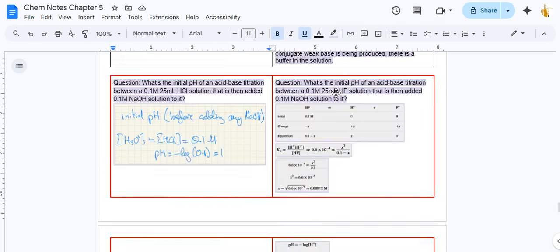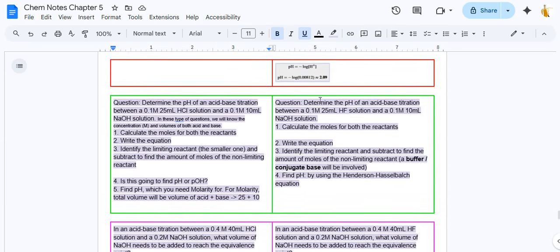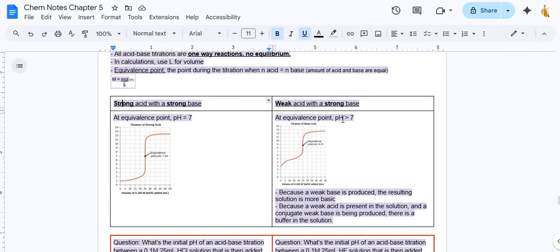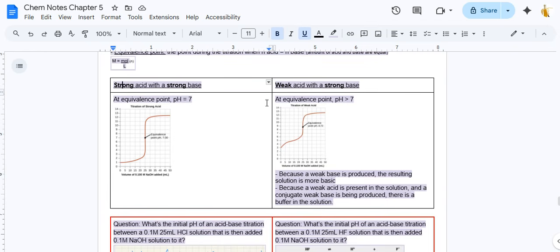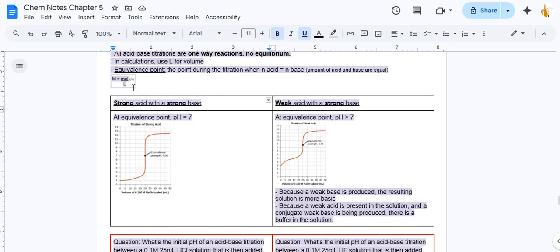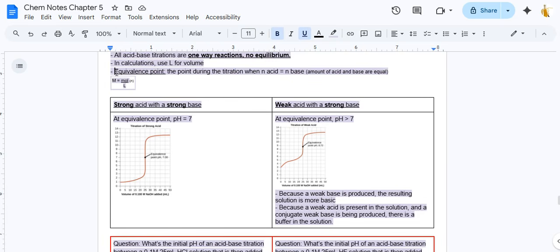And this column on the right is talking about a titration with a weak acid with a strong base. Just to let you know. So for strong acids with a strong base, at the equivalence point, pH is equal to 7, so it's neutral.